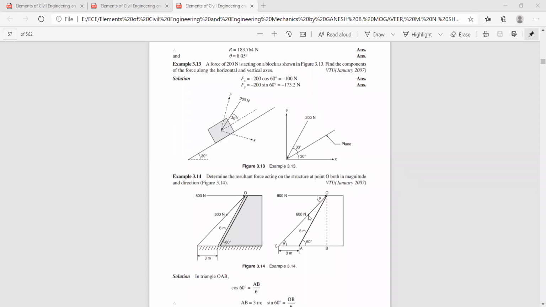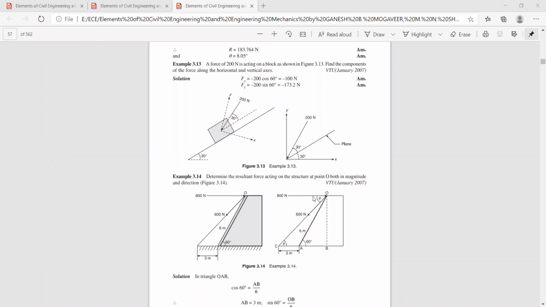And if you resolve this 600 Newton force, its x component is minus 600 cos 40.89. Only thing is you have two forces, so you can take them out separately. You can write the 800 Newton force and the 600 Newton force. You select the x and y axis, and this angle theta you know. So sigma Fx is equal to 800 minus 600 cos 40.89.